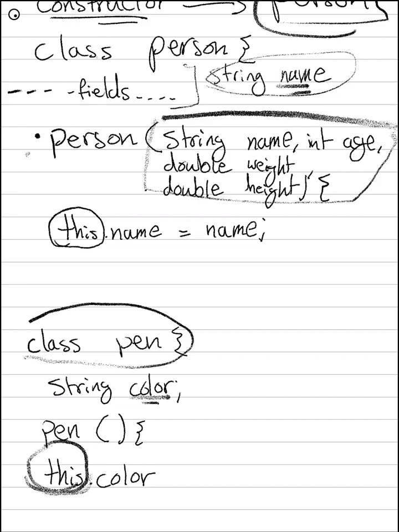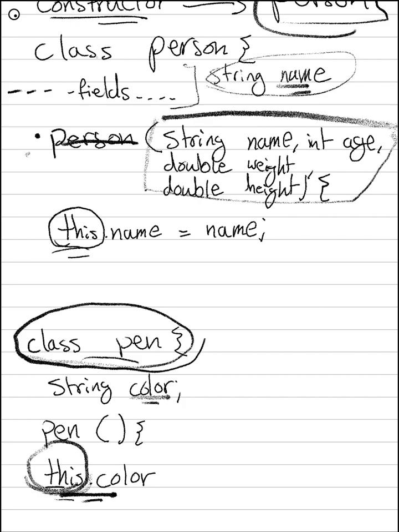The reason why it's this, think about it. A class pen talks about all the pens. So every person, every pen, all of these objects are of a class, okay? When you want to get specific, you want to talk about, no, not just any person. I'm talking about this person's name. Or not just any pen, I'm talking about this pen's color.